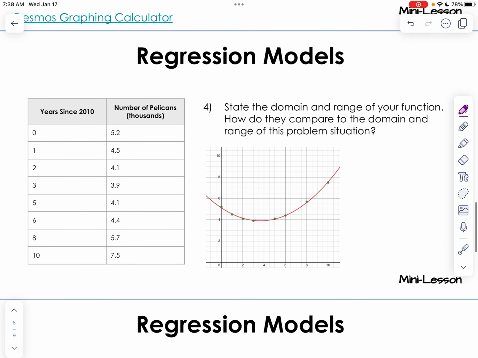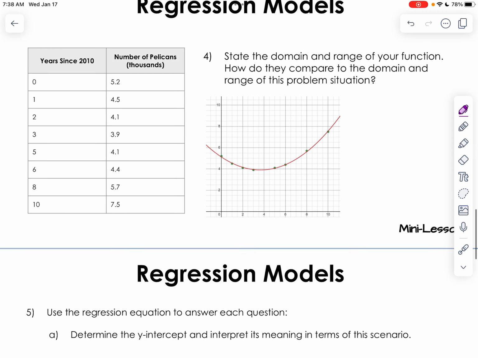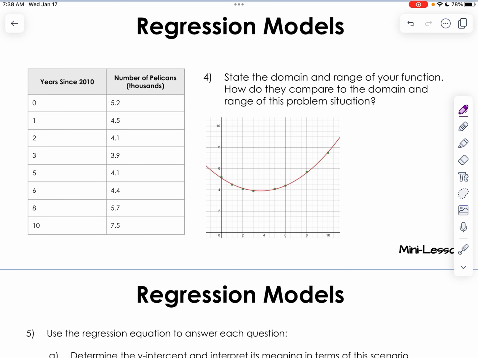So down here we have a picture of what we just found on Desmos, and I'm going to write our equation that we found here. So we have the equation y equals, A was 0.09. I'm going to estimate it to 2 decimal places. x squared minus 0.66x plus 5.12.